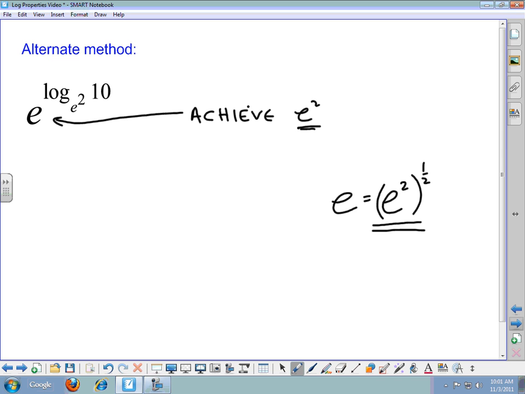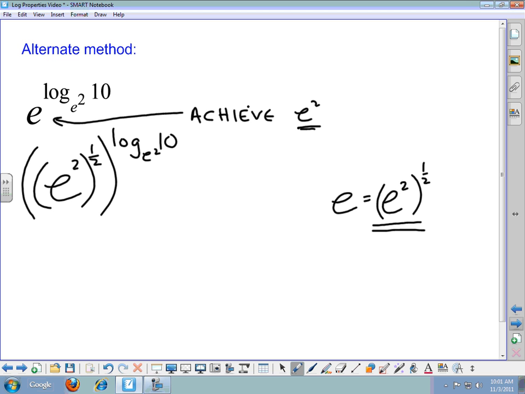So starting with this problem, we end up with e to the 2nd power to the 1/2, to the log base e squared of 10. In essence, I'm artificially producing a couple of exponents, but by the commutativity property of multiplication, I can take the 1/2 that's located here and take it all the way outside. In other words, rearrange these as e squared to the log base e squared of 10, to the 1/2.